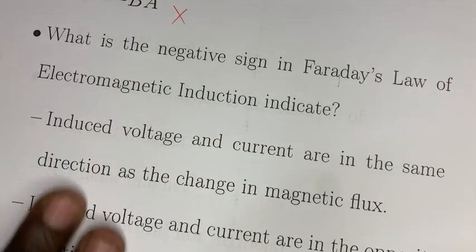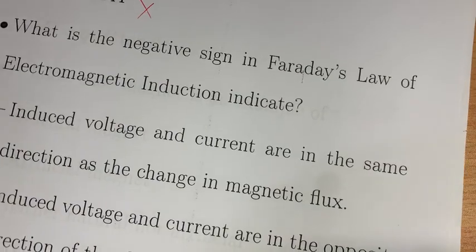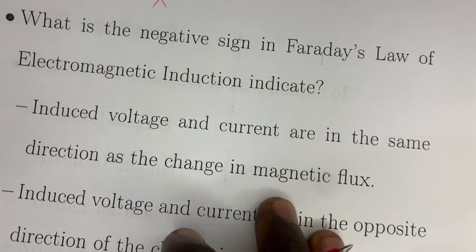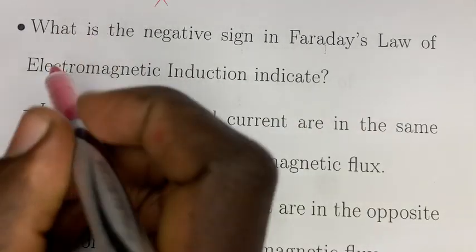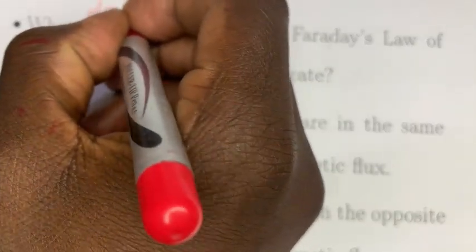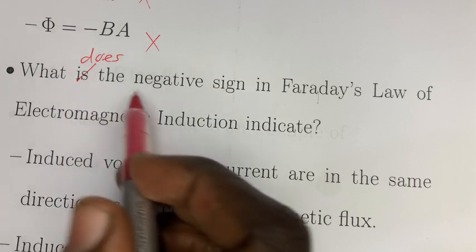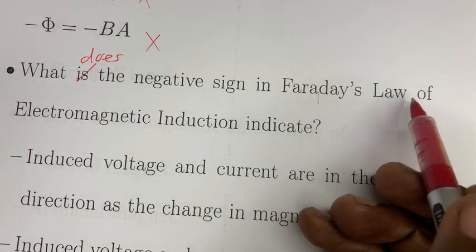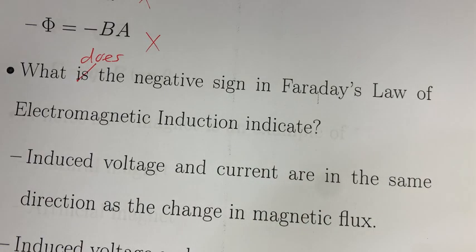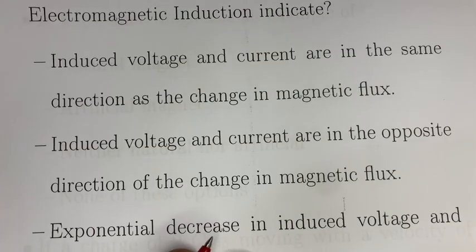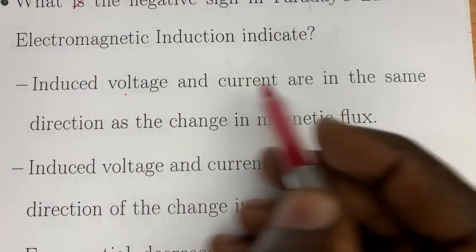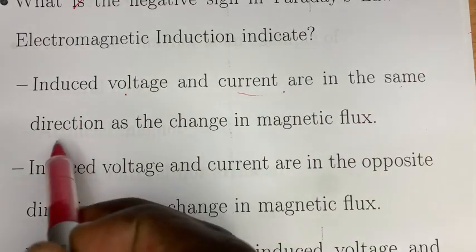Okay, now all this while I was silent about the negative sign in Faraday's law. There is a question on that. It says, what does the negative sign in Faraday's law of electromagnetic induction indicate? What does it mean? The first option says induced voltage and the induced current are in the same direction.